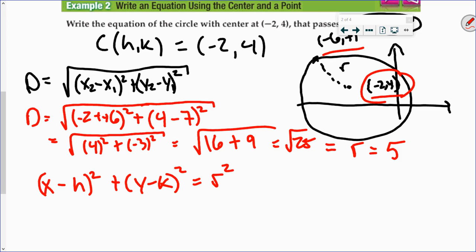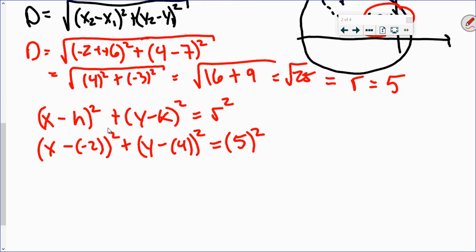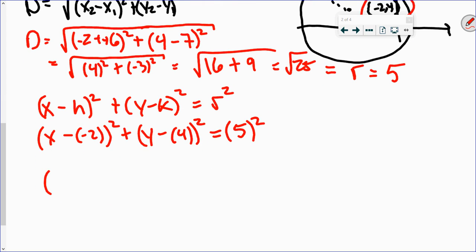Substituting h, k, and r, x minus h is x minus -2, that's the x coordinate of the center, plus y minus k is y minus 4, squared equals the radius we found, 5 squared. Simplify, and with the double negative, that becomes (x plus 2) squared plus (y minus 4) squared equals 25.